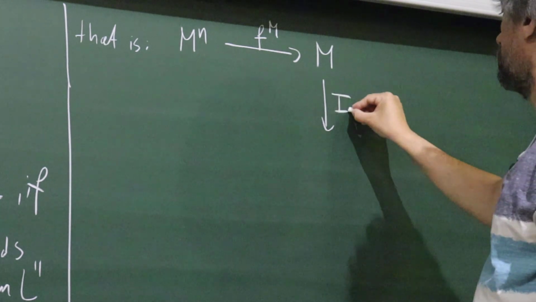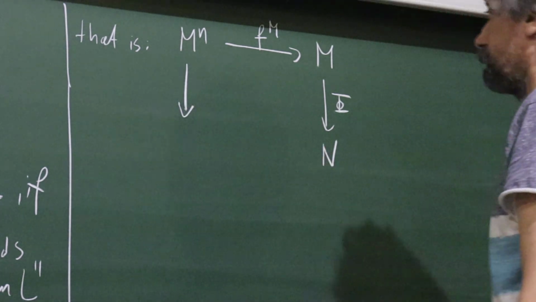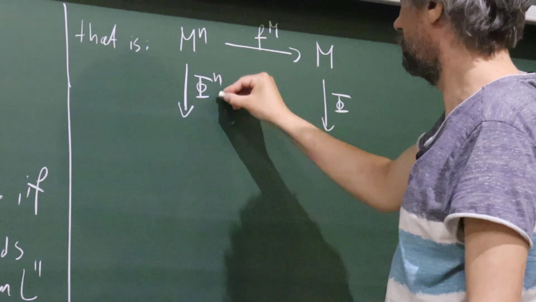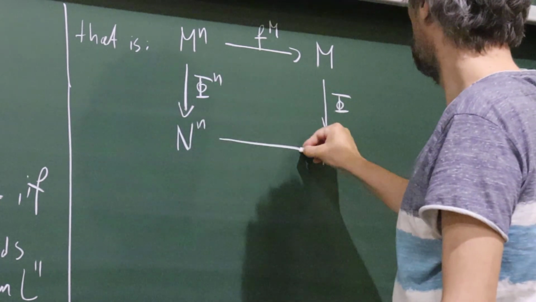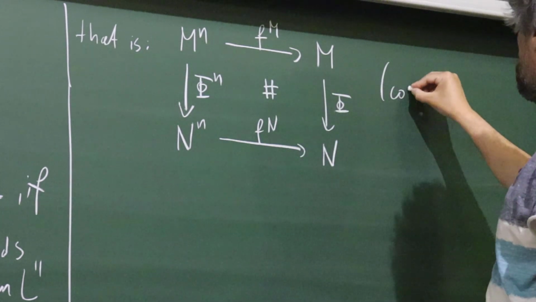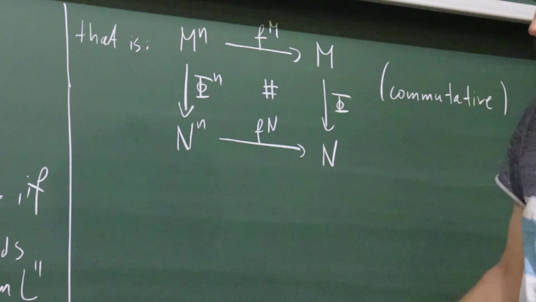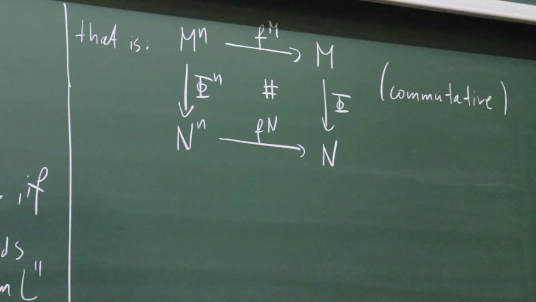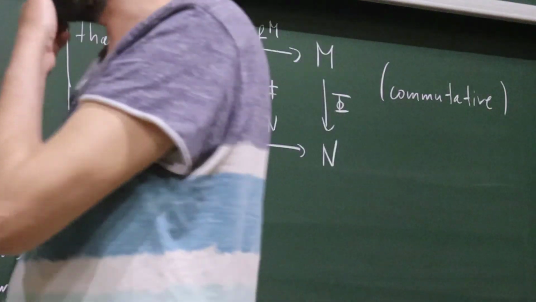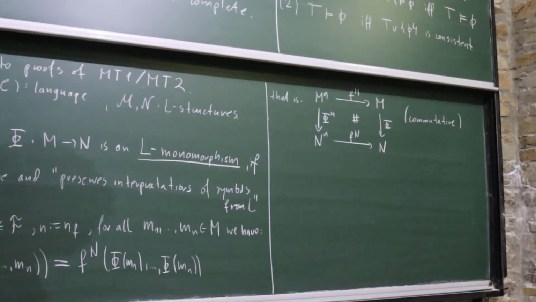Here we have phi, go to N. And here we have the nth Cartesian power of phi. So this should be a commutative diagram. If you think about what a ring homomorphism is, it would be exactly this for two function symbols, plus and times.